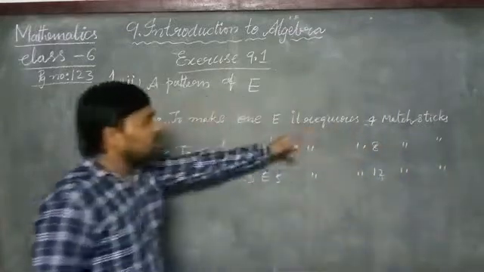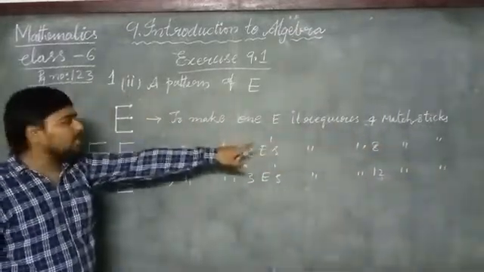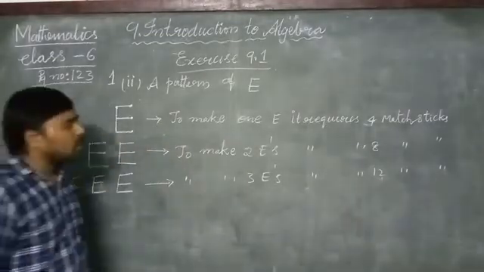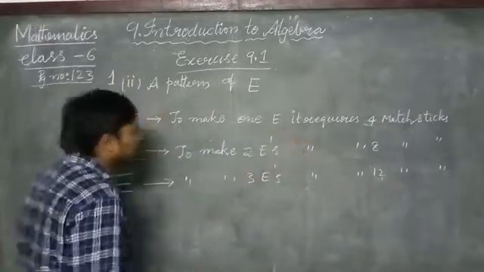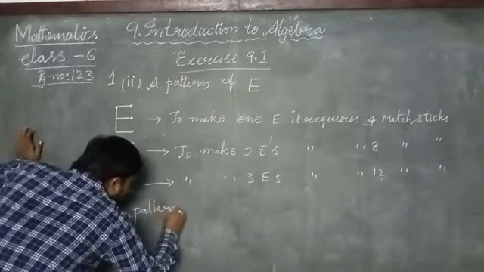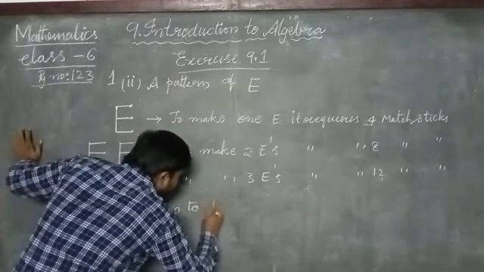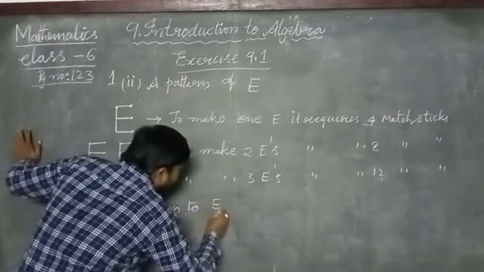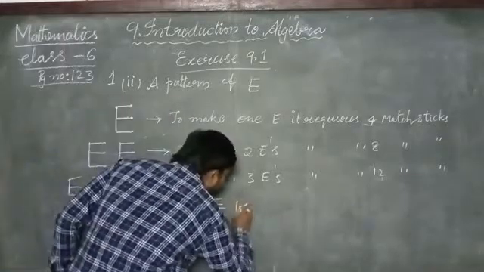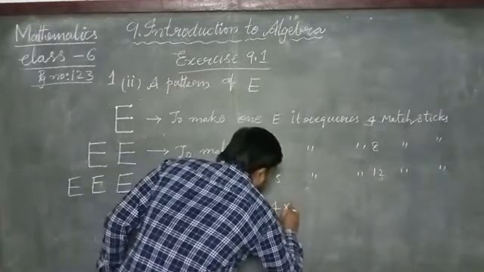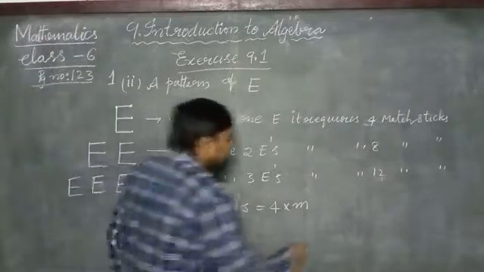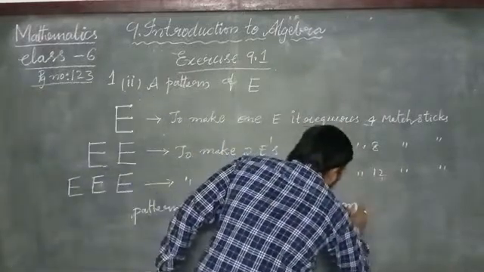Okay, here if you observe all the matchsticks required for 1 E, 2 E's, 3 E's, we can write the general form for the above results. We can write the pattern. The pattern of E is 4 into m. It can be written as 4m.